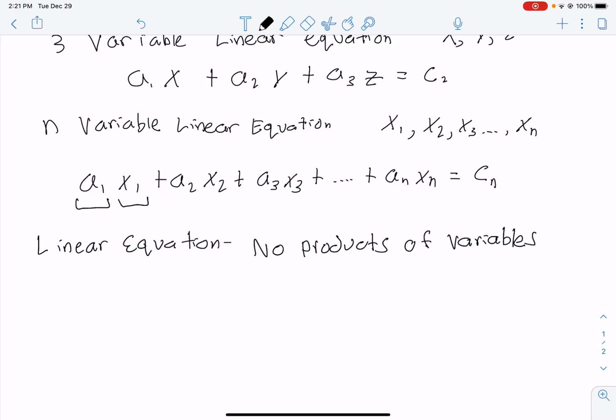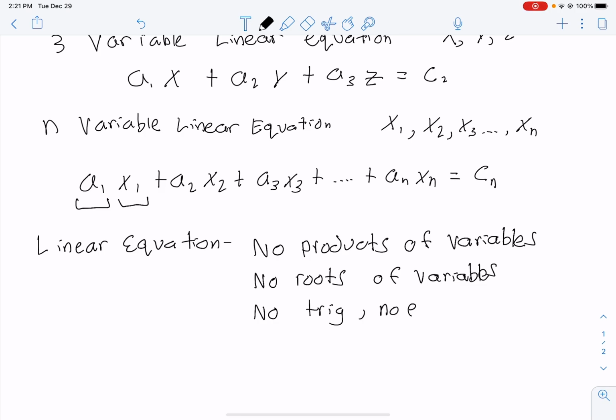So that's why that's a linear equation. There are no roots of variables. There's no trig, no exponents, and no logarithmic functions.